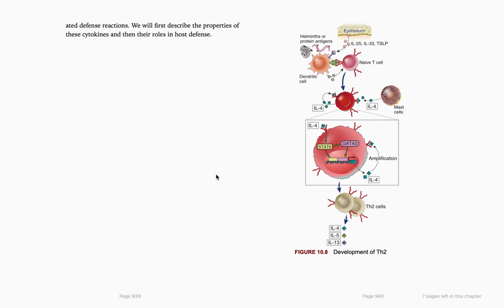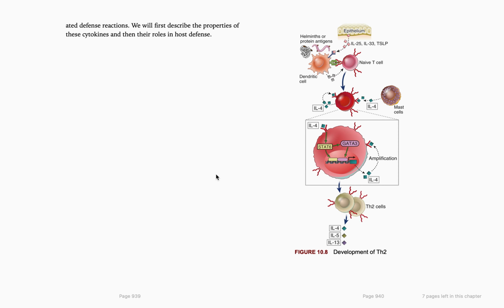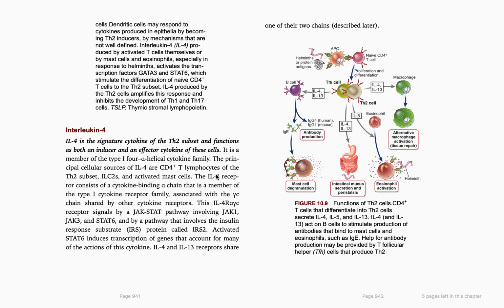Let us see first the development of T helper 2 cells. The dendritic cell may respond to cytokines produced in the epithelium by becoming a T helper 2 inducer, by mechanisms that are not well defined.